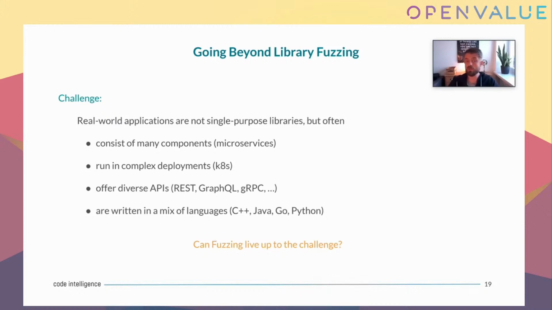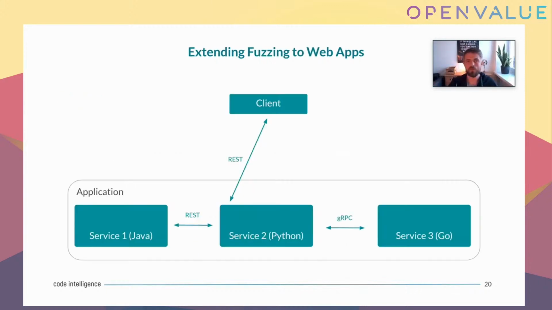And you could even mix different programming languages like C, C++, Java, Go, and Python. So far, we have seen very simple examples to fuzz simple data. The question is now, can fuzzing live up to the challenge to combine all the different real-world scenarios to do a kind of system-like fuzzing?